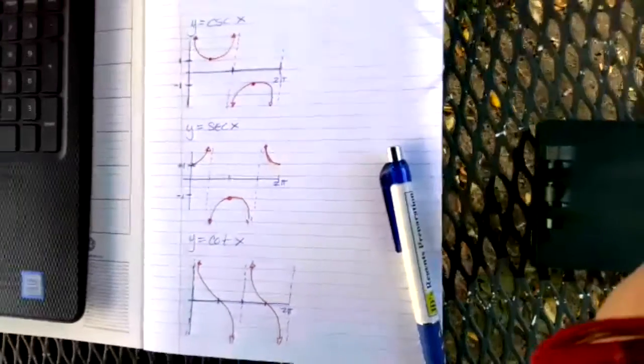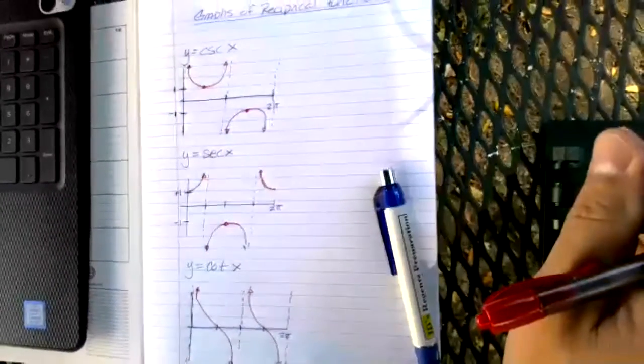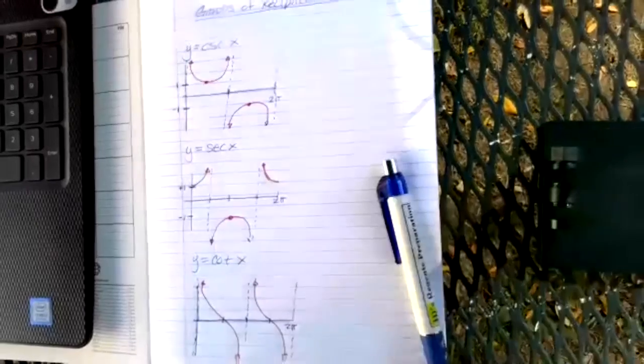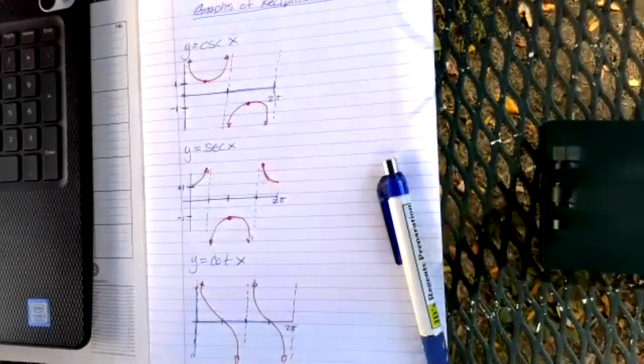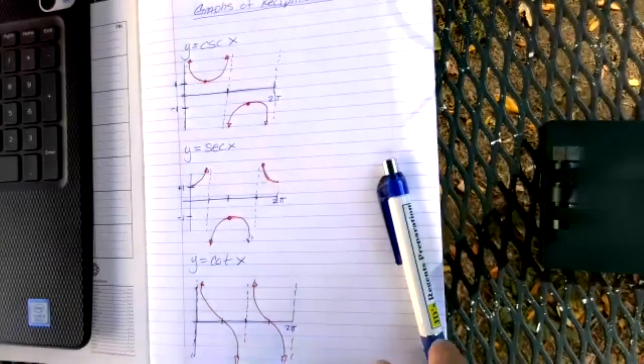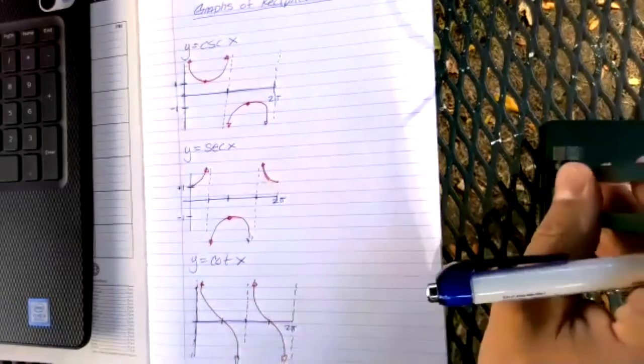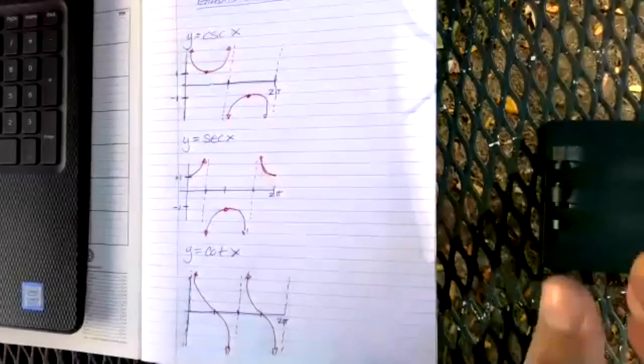These are the graphs of our 3 reciprocal identities. And we could look at the unit circle and see why they graph like this. I'll explain to some extent where they come from.